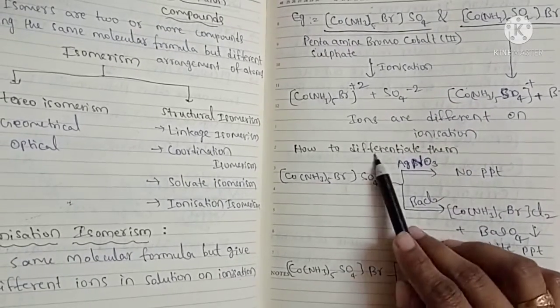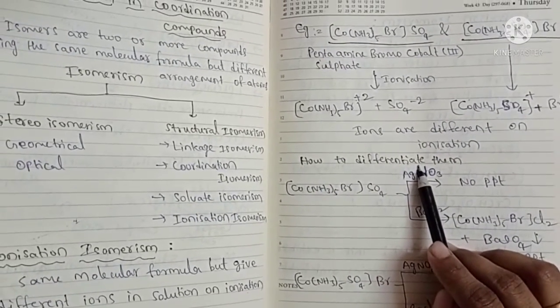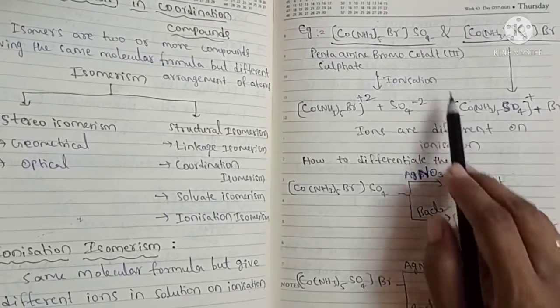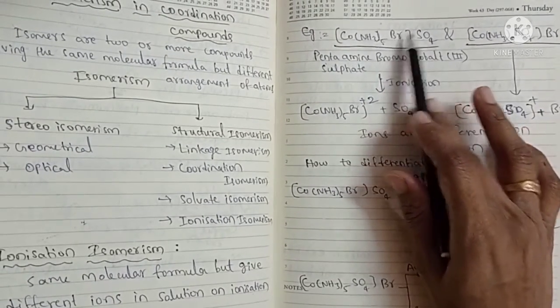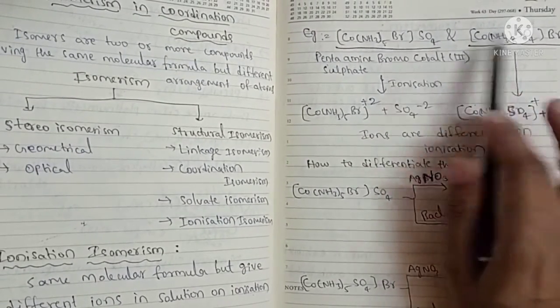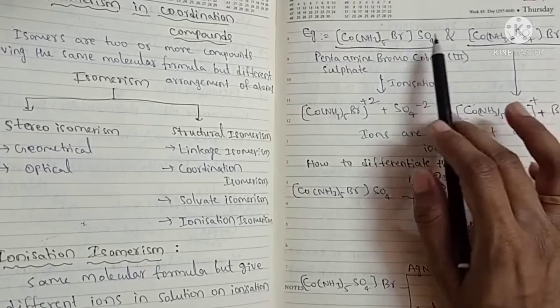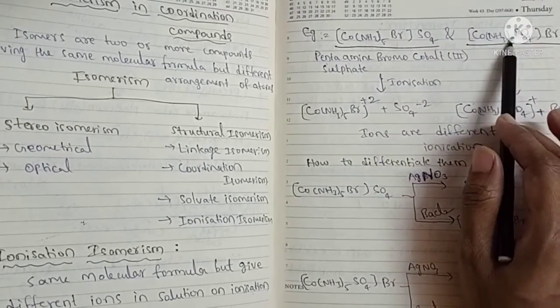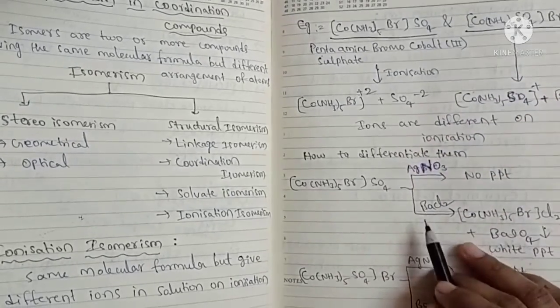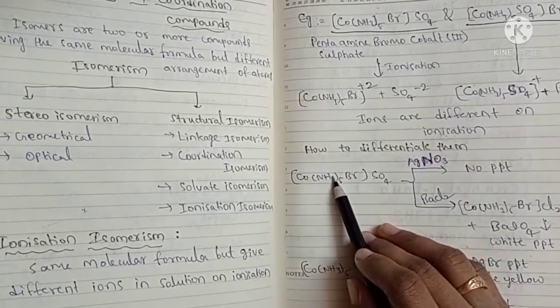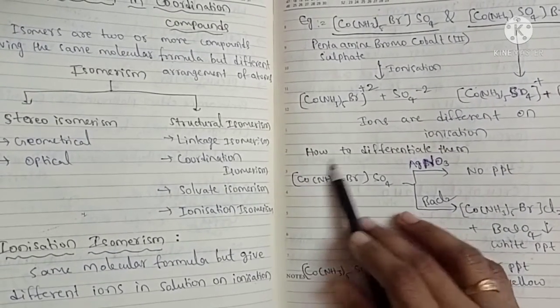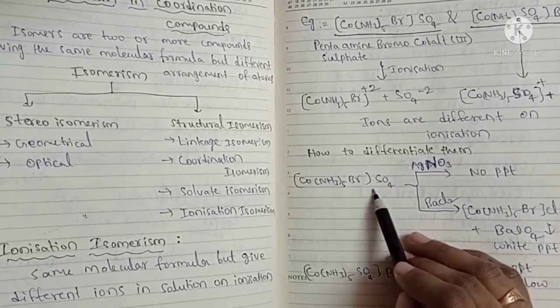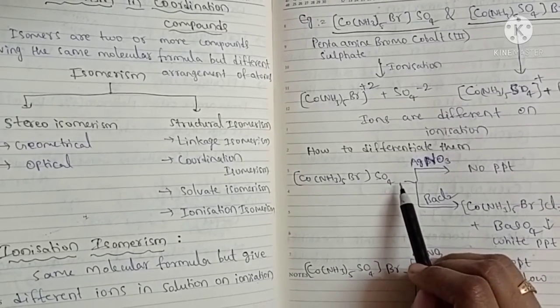And next, how to differentiate them. In the laboratory, how can we differentiate which is which isomer? If two isomers are given to us, which contains sulfate outside and which contains sulfate inside? So for example, this is the isomer where sulfate is outside. We are testing whether sulfate is outside or not.